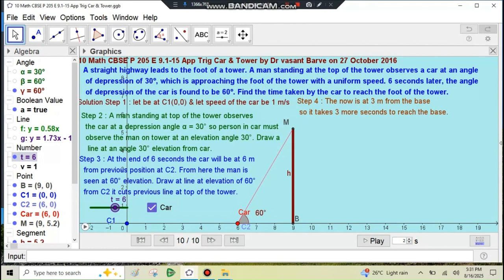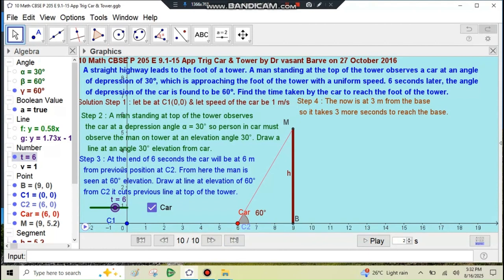This was the first position, this is the second position. Okay, so you will note that it took 6 seconds to travel this distance, which I have taken purposely 6, and this as 3. So as it takes 6 here and 3 here, the total time taken will be 9 seconds. Okay, so this will be 6 seconds and this will be 9 seconds.